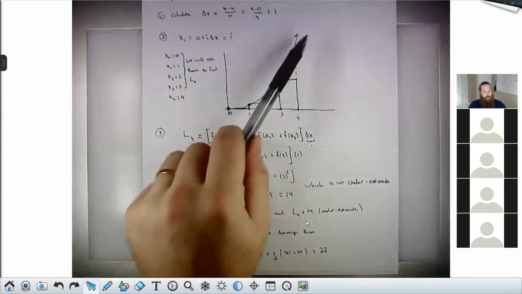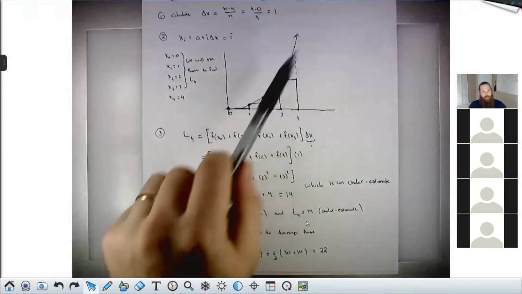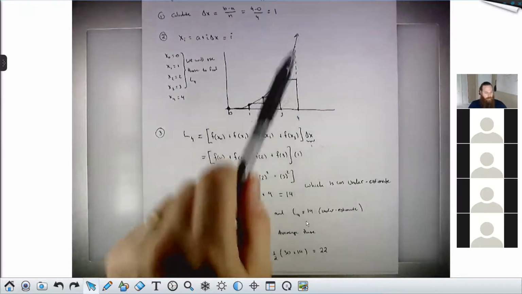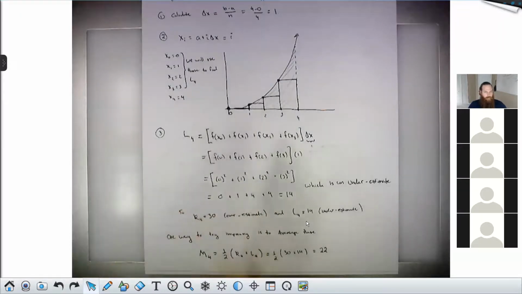For this function, that was the case because this is an increasing function. So for an increasing function, the left endpoint will always underestimate. And for an increasing function, the right endpoint will always overestimate. But if your function isn't always increasing, if it turns around, then it's not immediately clear which one is an overestimate and which one is the underestimate.